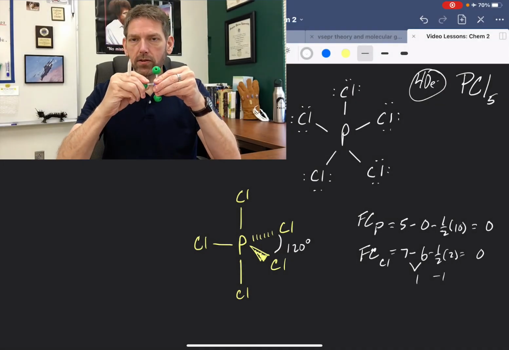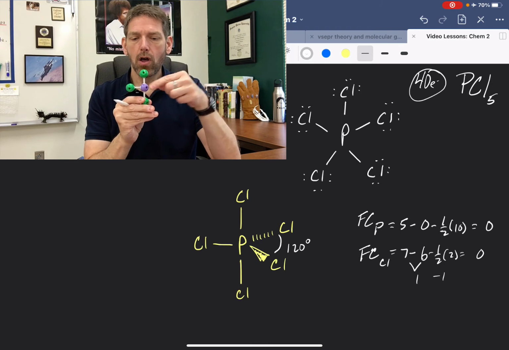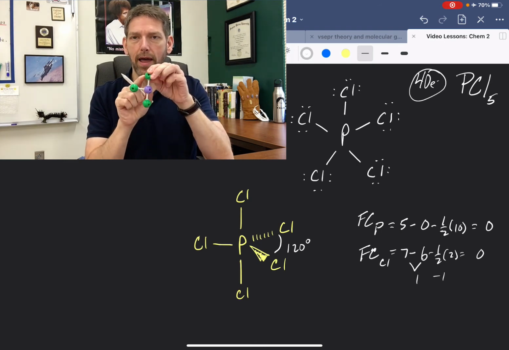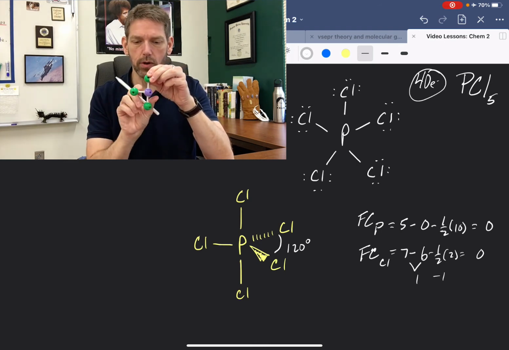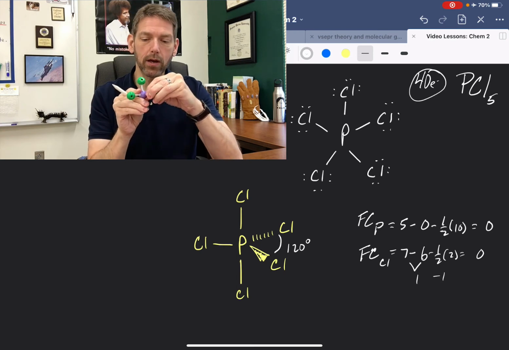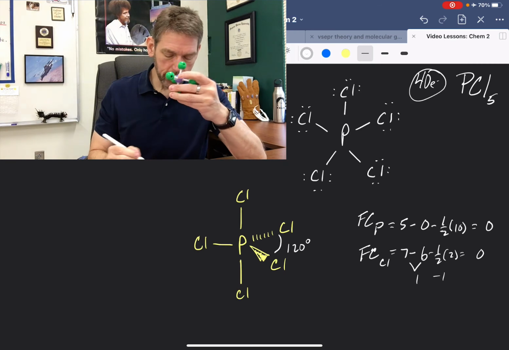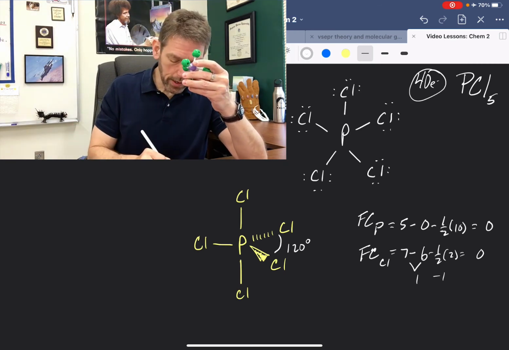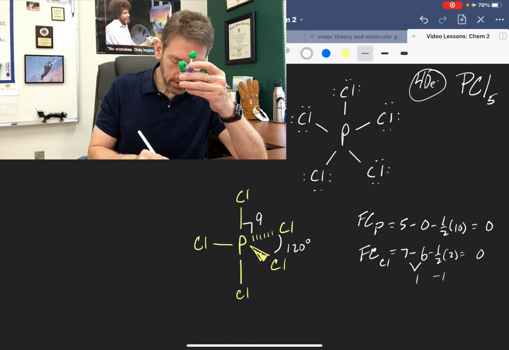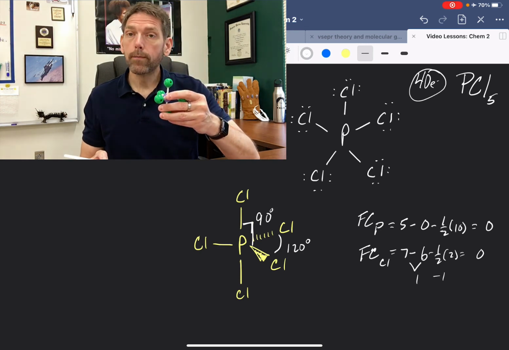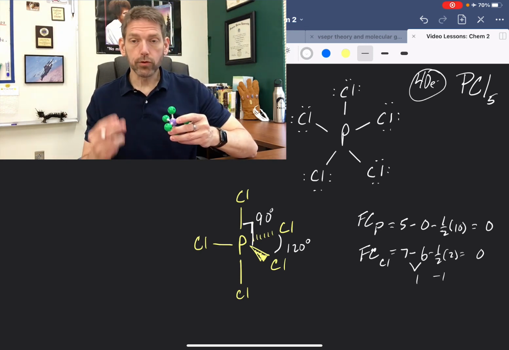But there is something else there all the way around this. Now, half of 180 is 90, so you realize that that's a 90-degree angle right there. So there's a combination of the 2 angles. We have those, and then right here we have this 90-degree angle. Okay? So there's 2 geometries.